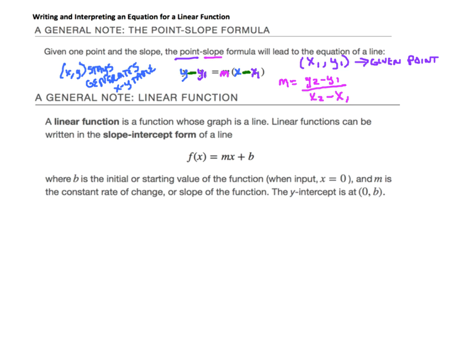All right. We also have slope-intercept form, which we've already looked at. And I'm going to color code it as well. This f of x is the same thing as y, and this x is the same x as above. So this x and f of x stay to generate points.